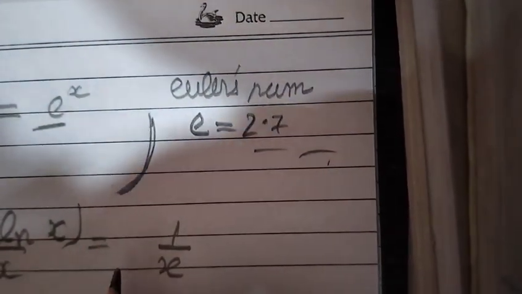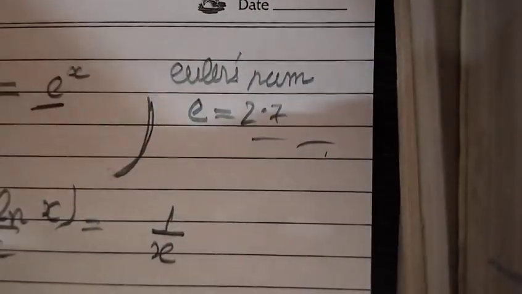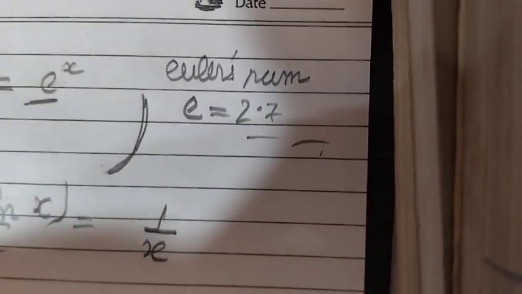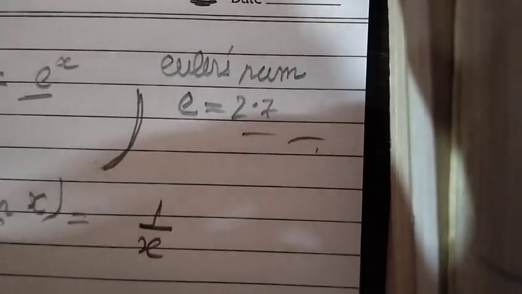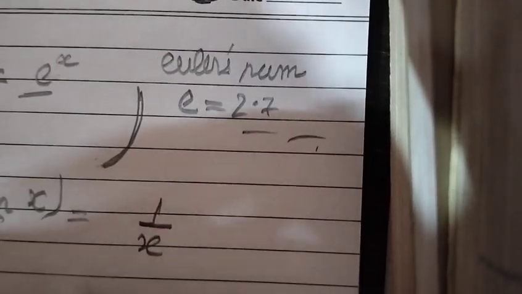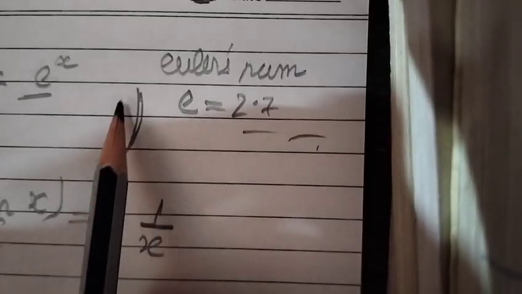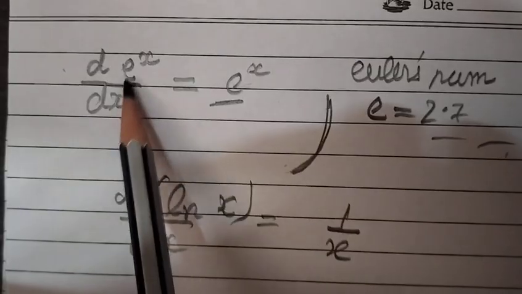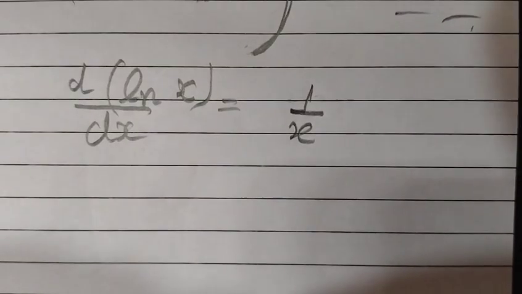So e is one of the special bases, and for e, its exponential growth matches with its own growth. So this is just going to be equal to itself. Okay, next we have the natural logarithm.